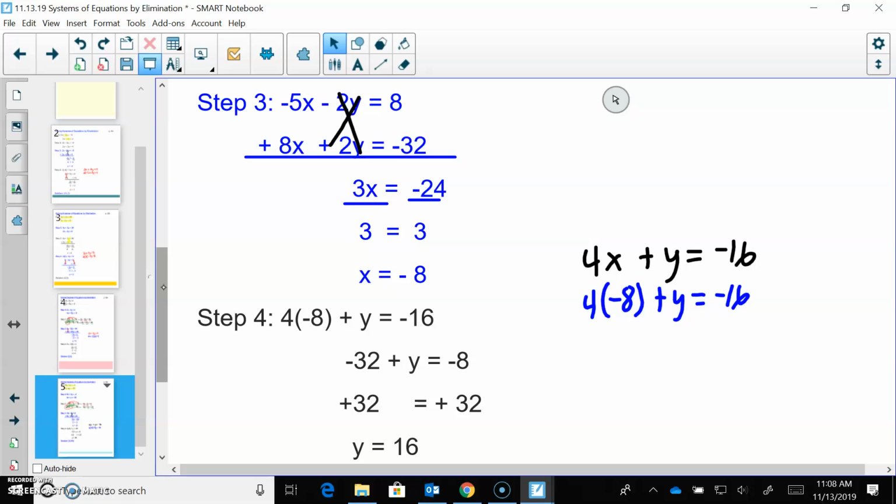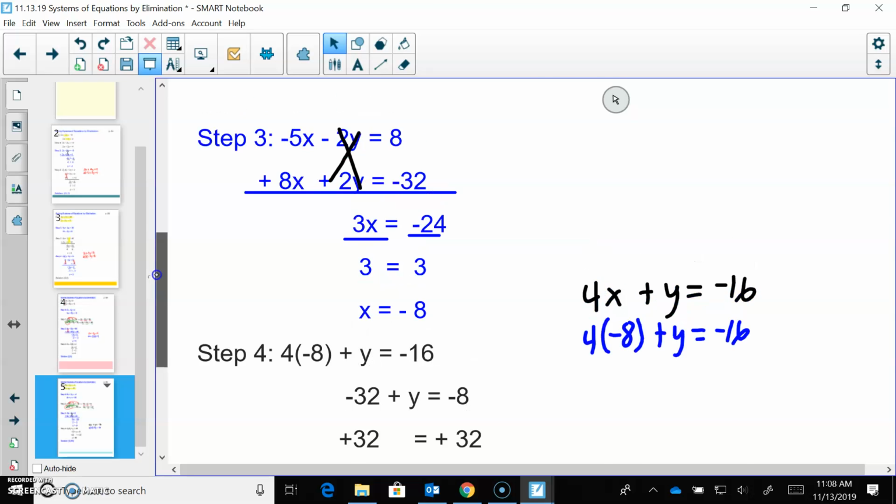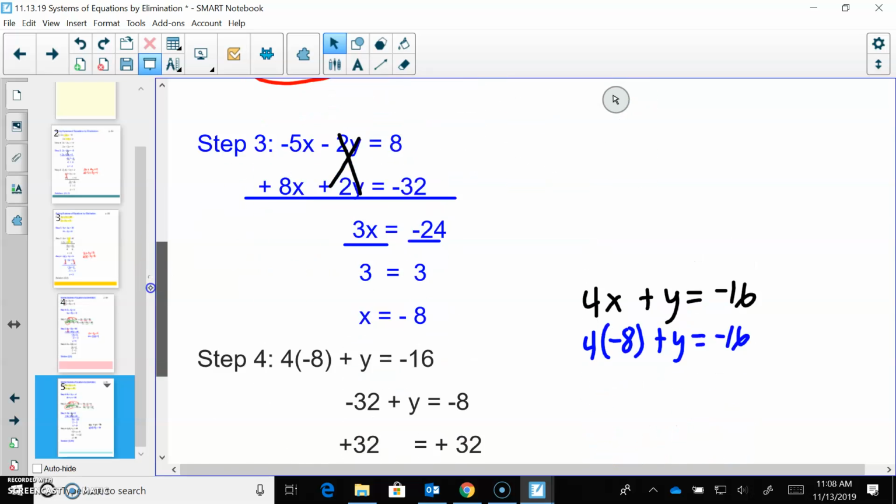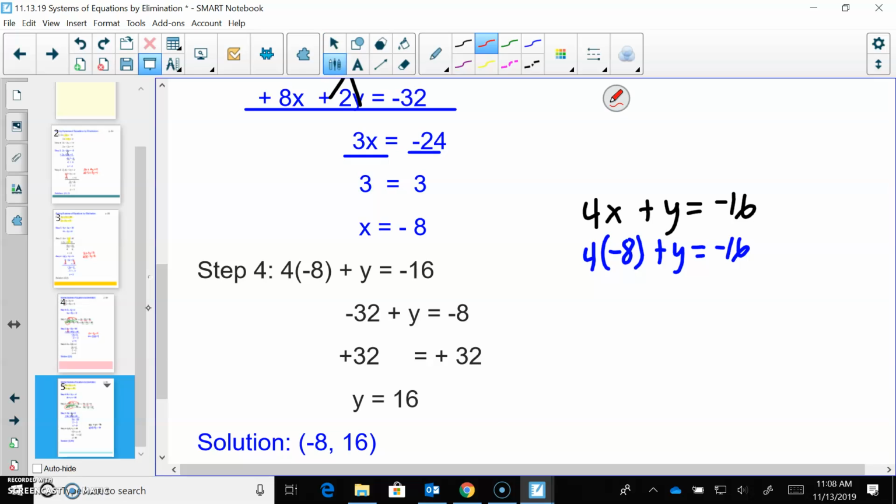So 4 times -8 is where I get that -32 from. I brought down the positive y and brought down the -16. Yeah, so this should, I wrote this wrong.